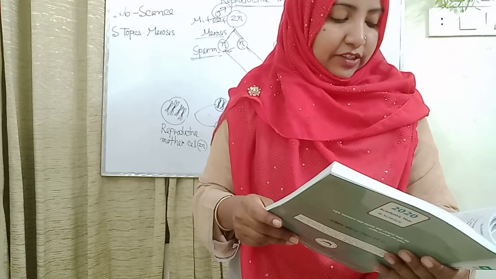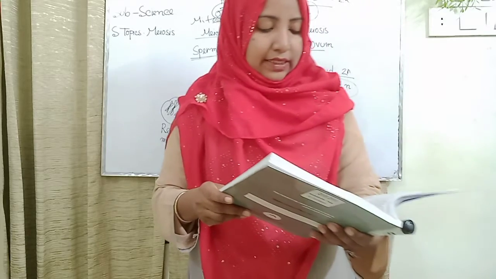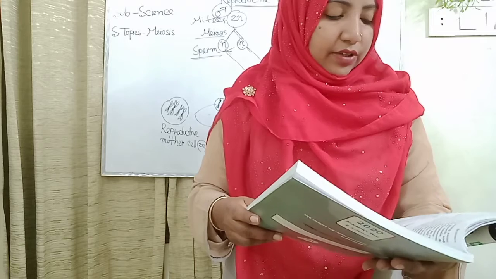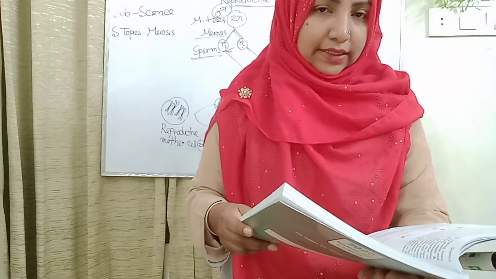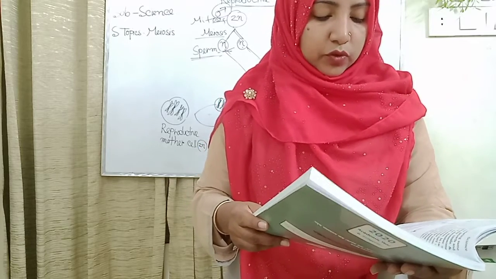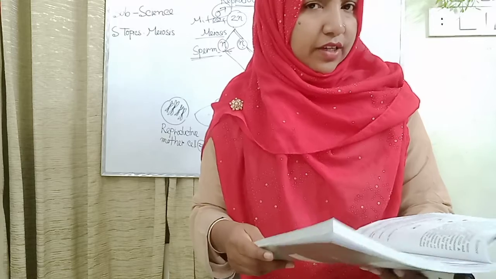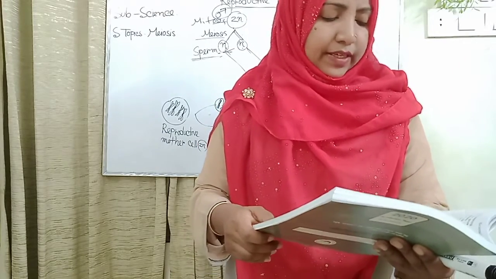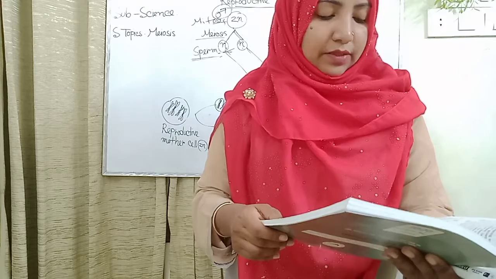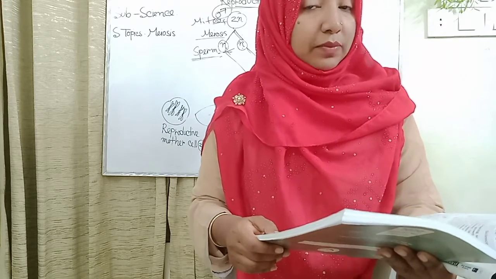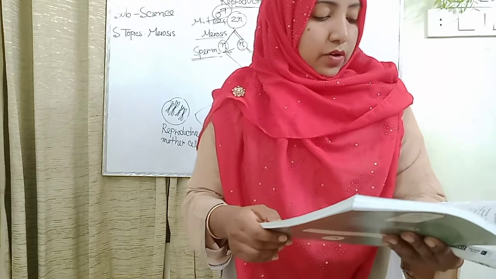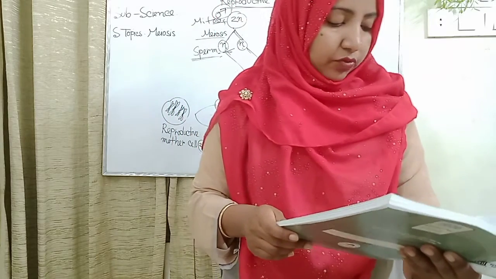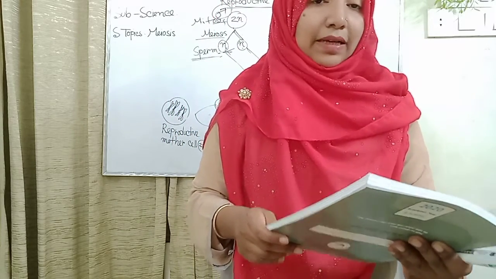Second, four haploid daughter cells are produced from a single cell. Third, in the process the nucleus divides twice and the chromosome divides once. Very important line and very important characteristics. Again I repeat: in this process, the nucleus divides twice and the chromosome divides only once. The four daughter cells thus formed contain half the number of chromosomes of the mother cell.